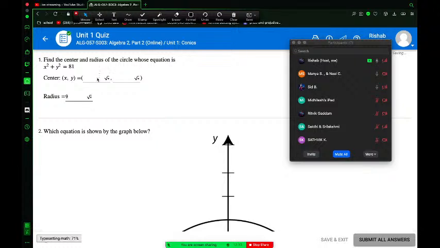Yeah, what you're saying is correct. And I think the center is gonna be 0, 0. Yeah, that's right. That weird noise is somebody else. Sid, can you mute yourself? I think you accidentally unmuted something. So yeah, good job, Manya.